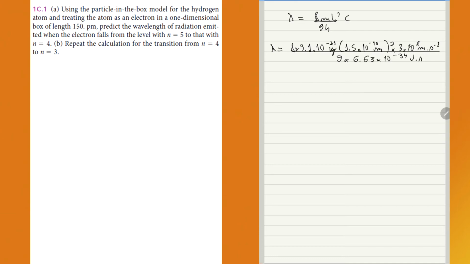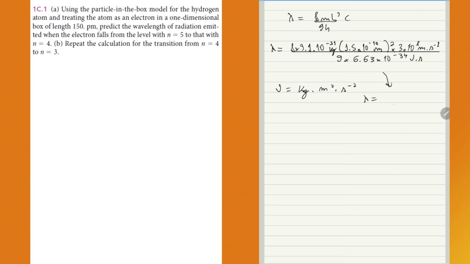We must recognize that 1 joule equals 1 kilogram meter squared per second squared. So when we solve this, that is equal to approximately 8.